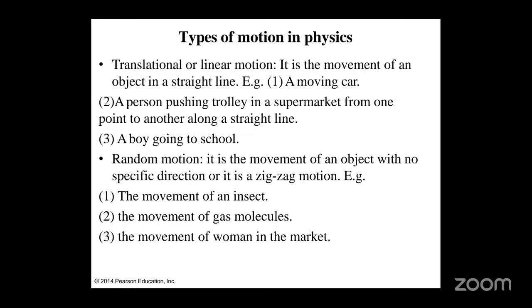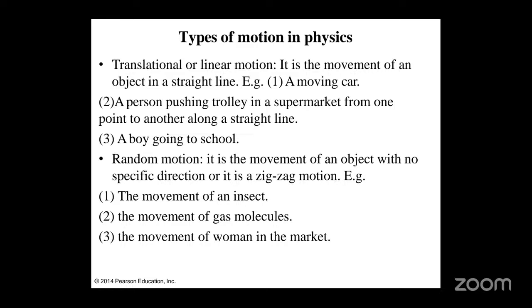So we look at translational or linear motion, or motion in a straight line. A translational or linear motion is the movement of an object in a straight line. When an object moves in a straight path, we call it a translational or linear motion. Example is a moving car.